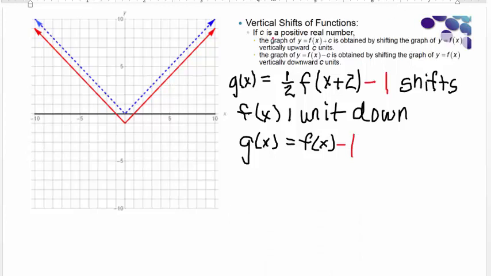Now let's talk about the other transformations that are happening in the graph. We see that the input to the function is no longer x, but now it's x plus 2. This is a horizontal shift. Let's take a look at that.